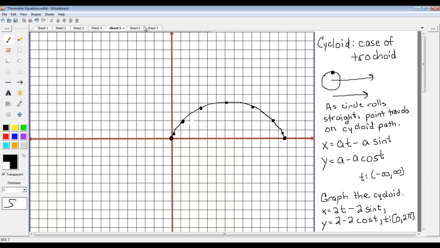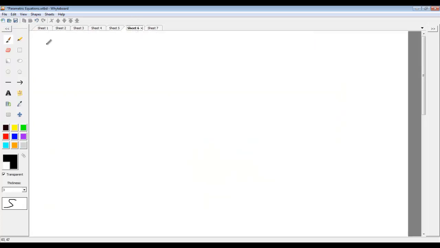Okay. Another application. Parametric equations are used to simulate motion. Let's say we throw a ball.